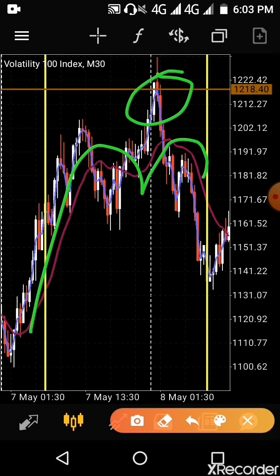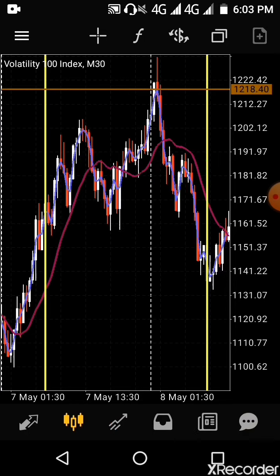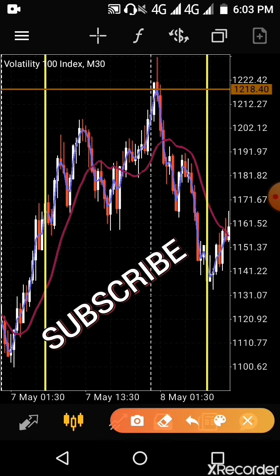At this point you can see that, whoa, it's still going to go down. At this location there was a support over here, so it retraced before it came back and broke it.